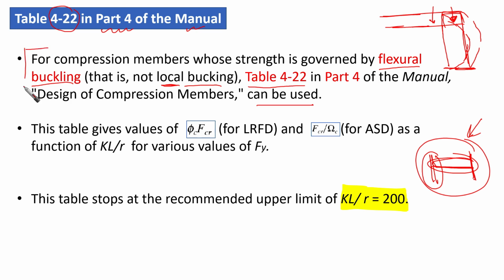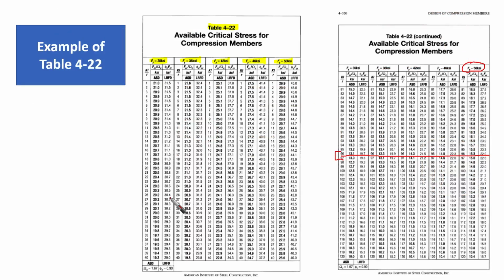Okay, this is only one note regarding this table that we are going to look at in a while. This table gives values of phi c Fcr for load and resistance factor design, and Fcr over omega c for allowable stress design, as a function of KL over r for various values of Fy. So this is Table 4-22.